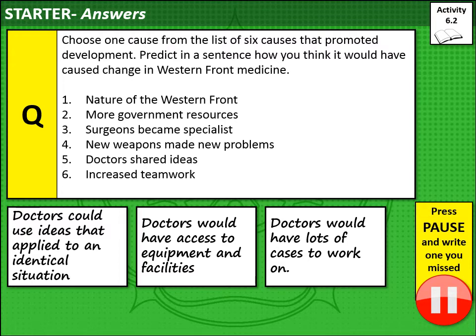And that might be to do with the government giving them more resources. Or lastly, you might have thought that doctors would have lots and lots of cases to work on. And that's possibly to do with the nature of the Western Front. Or maybe to do with new weapons making for new problems. So all of these causes promote development.